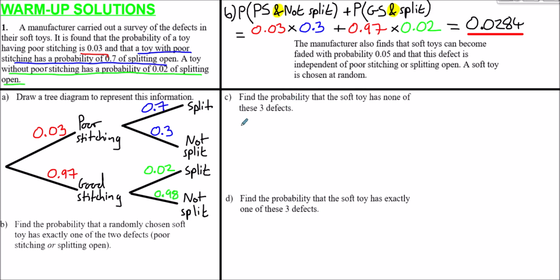So we want the probability that the stitching is good stitching, and doesn't split, and that it doesn't fade.